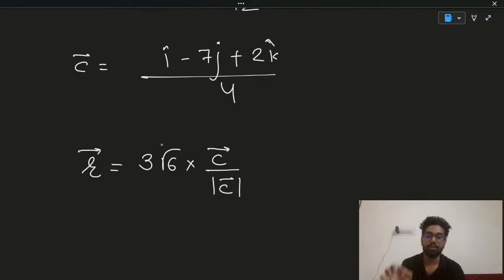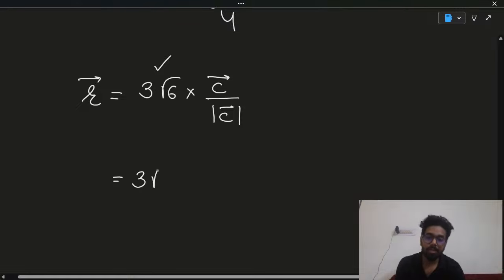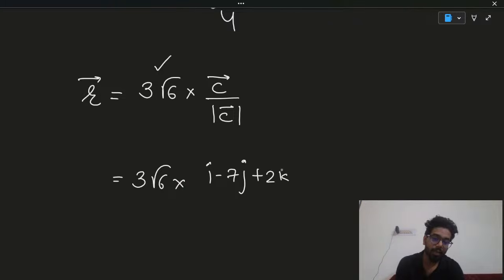So the R vector is its magnitude multiplied by the unit vector of the vector along which we are calculating. Understood? So what is this? 3 root 6 multiplied by (i cap minus 7j plus 2k) divided by 4.